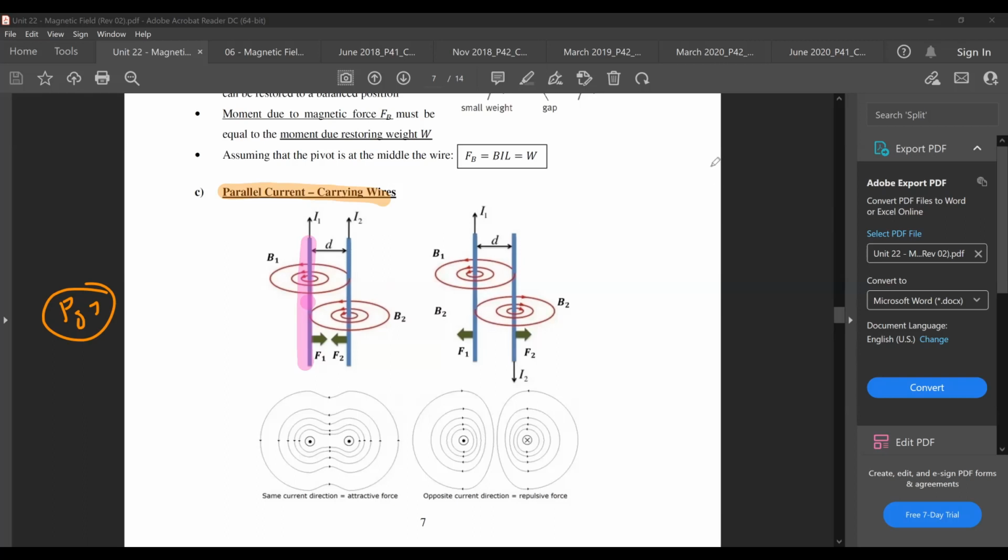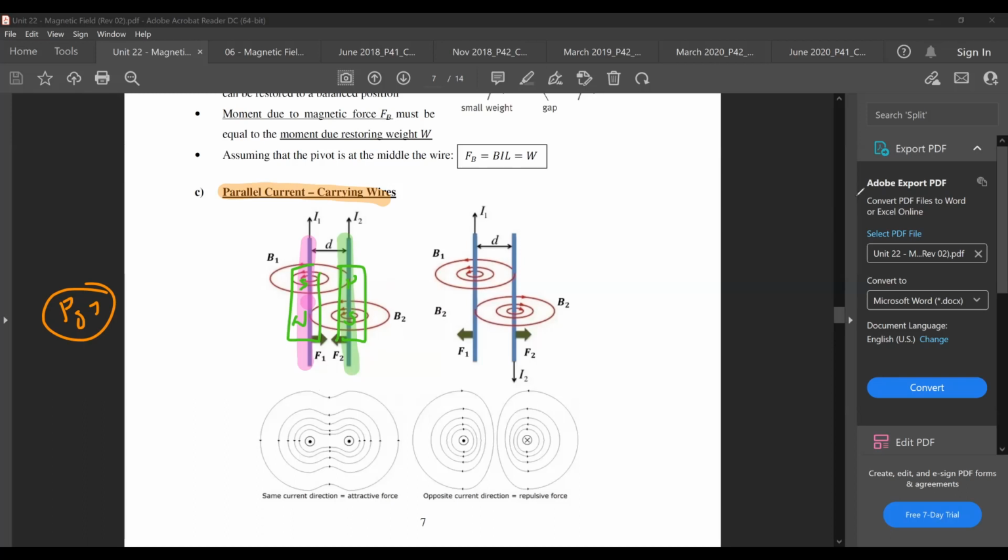So if you have another separate wire which also carries current, it will also have its own magnetic field. It will also behave as a magnet. So when you have two parallel wires carrying current, it's akin to putting together two magnets close to each other. So you will expect both of them to experience a magnetic force.